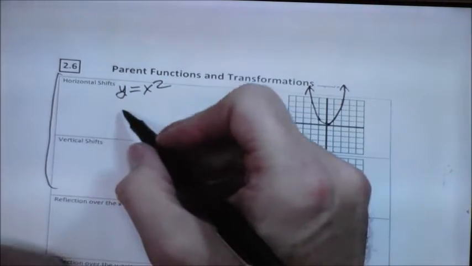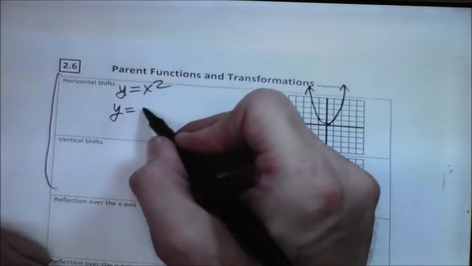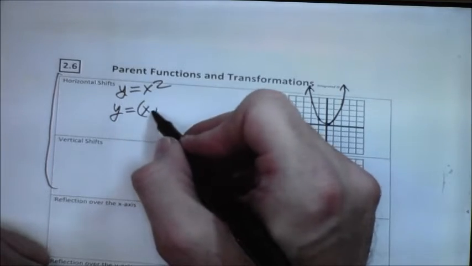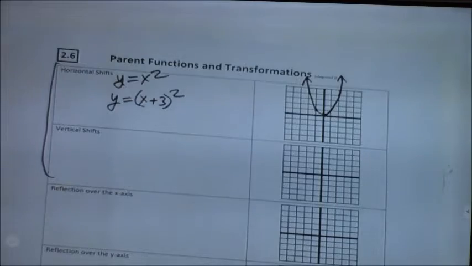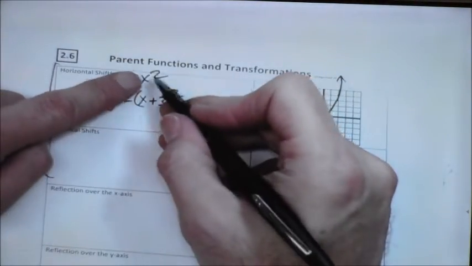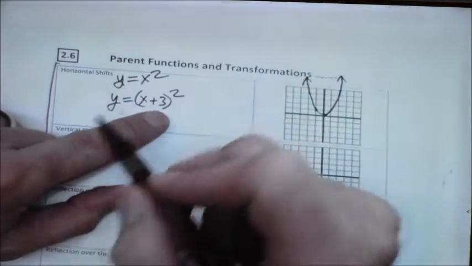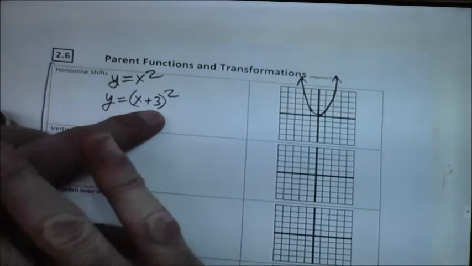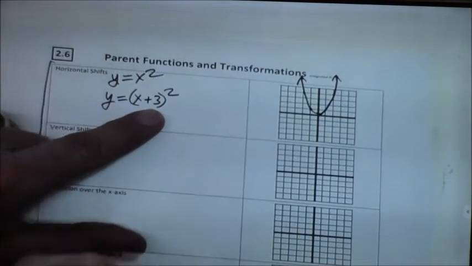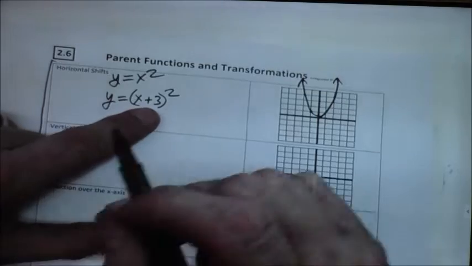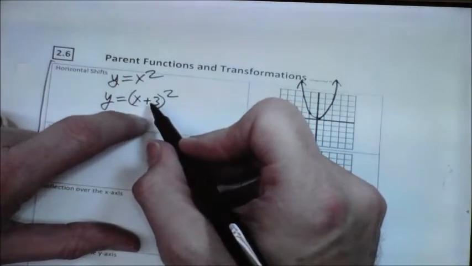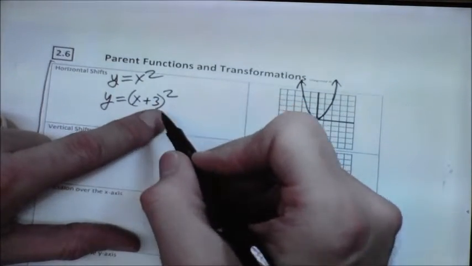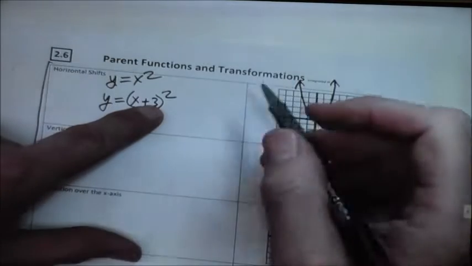Now, I'm going to do a horizontal shift, and I'll show it this way. What I did is, with the x inside the squared part, I put a plus 3. That location alone is what determines what you do. If it's with the x, you consider it a movement of -3, the opposite sign.